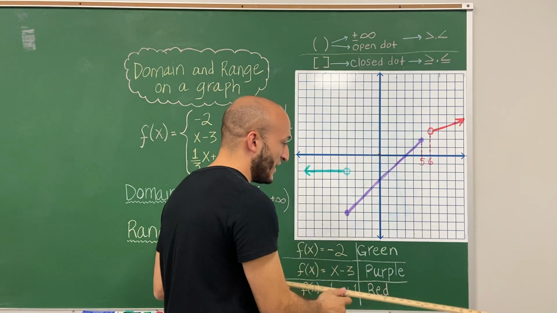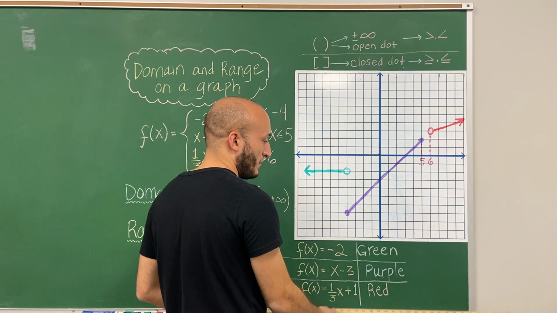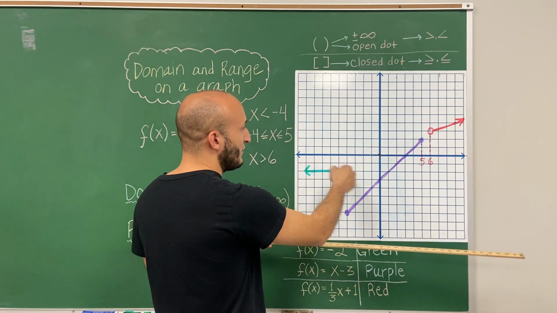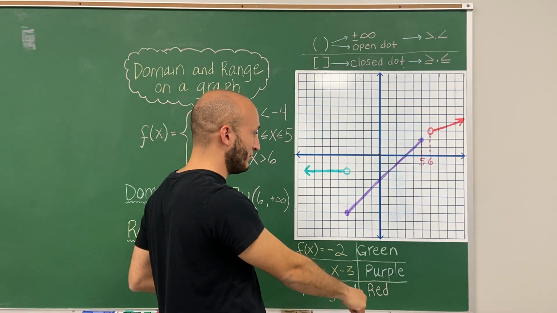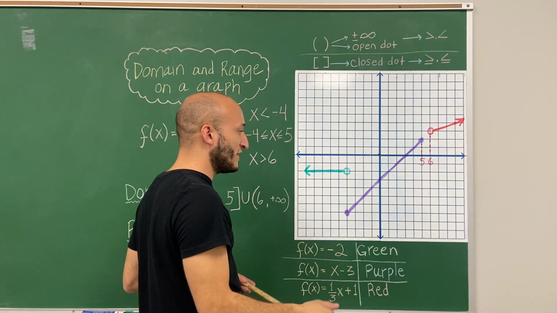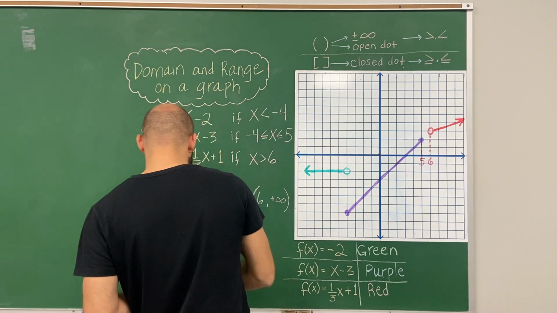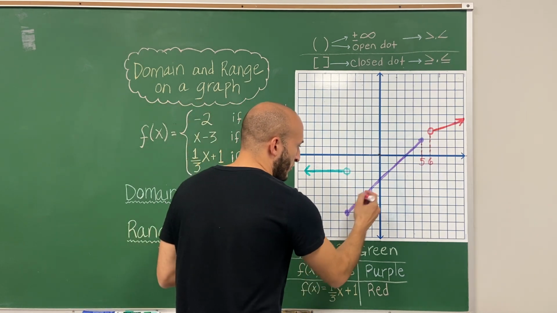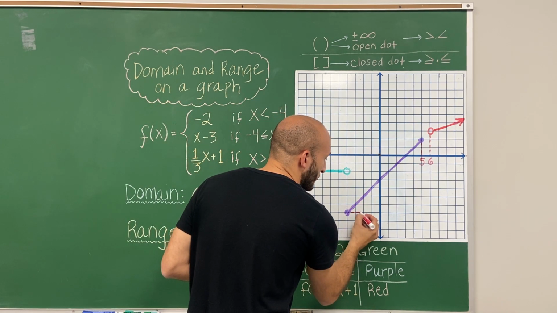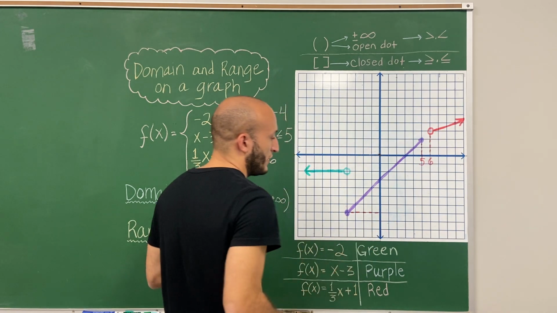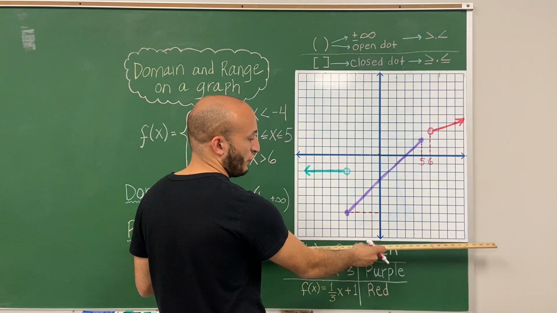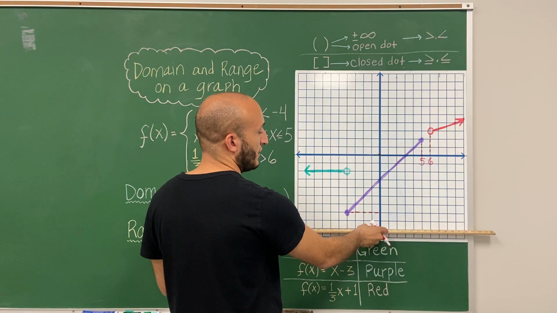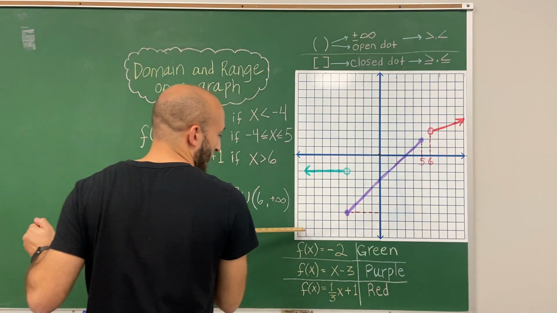So if I start from negative infinity, none of these graphs point down forever. None of them. So I wouldn't start seeing a graph until this purple dot here. As soon as I start rising from negative infinity, I won't see a graph.